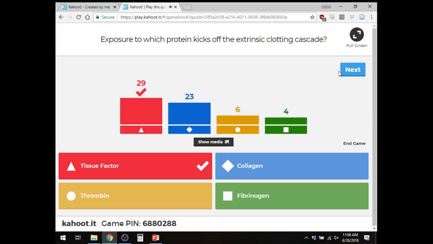Perfect. Tissue factor is correct in that case, right? What's happening with the intrinsic cascade? How it kicks that off? It's collagen, right? Because collagen is going to end up binding with that von Willebrand's factor on the platelets, and it gets involved with factor 8, and that's kicking off the intrinsic cascade. Tissue factor, though, is going to be for the extrinsic, right?